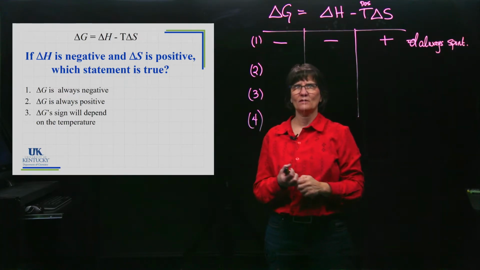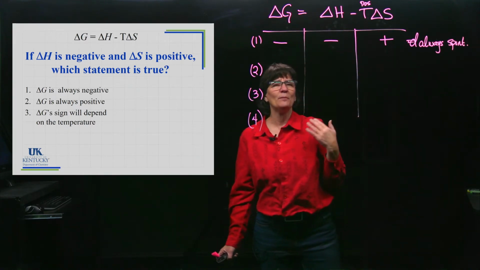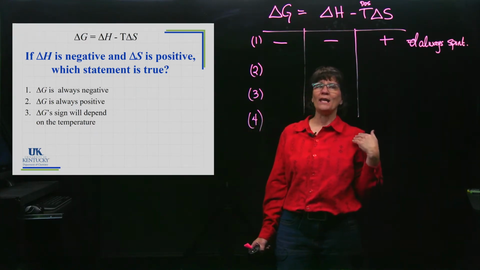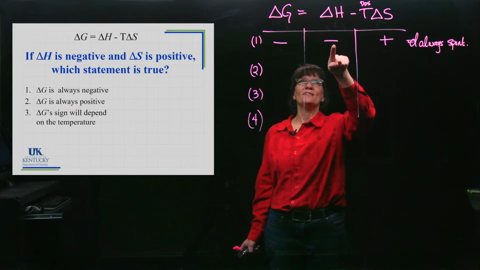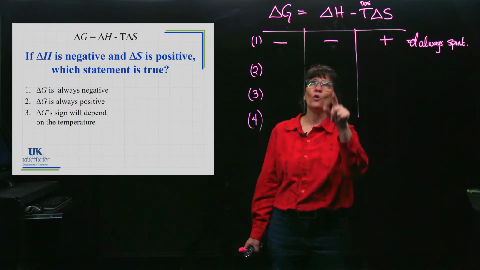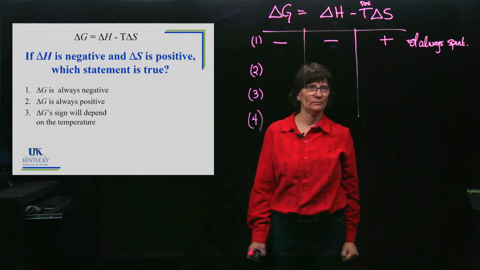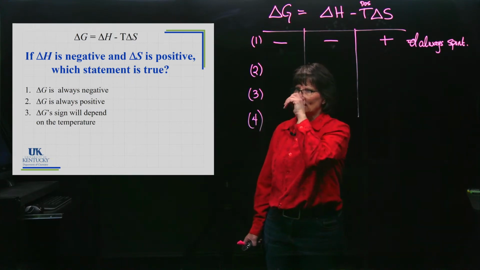Always spontaneous. So the two conditions that I say you're going to see more often than not on a spontaneous process are that it's exothermic and getting more disordered. If you've got those two things going for it, that reaction is going to be always spontaneous at every imaginable temperature. Okay, so that is that one.